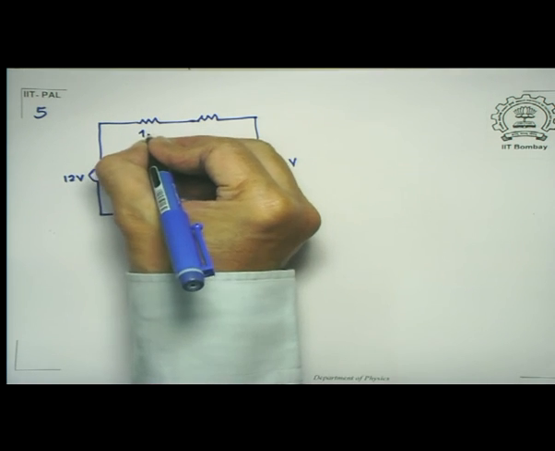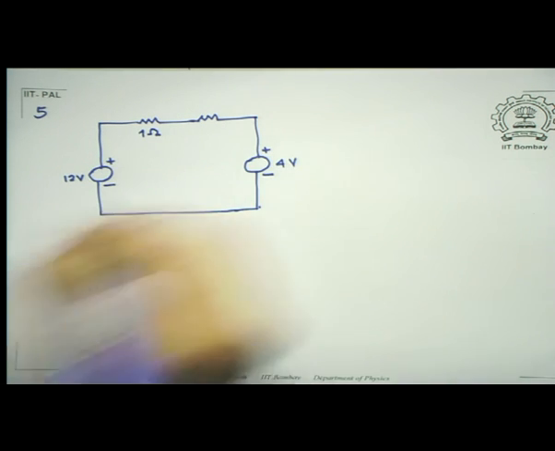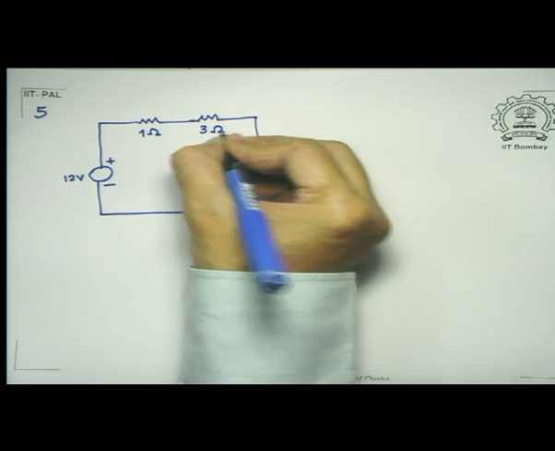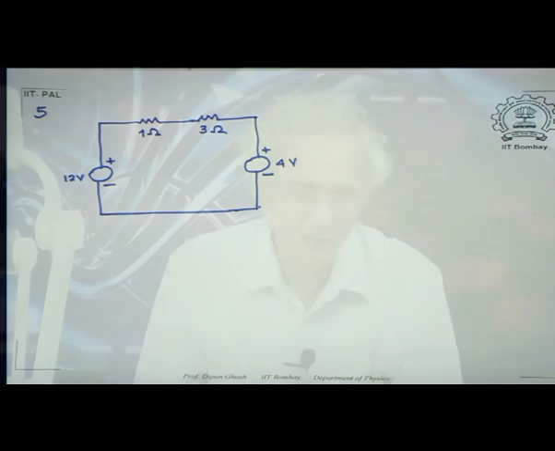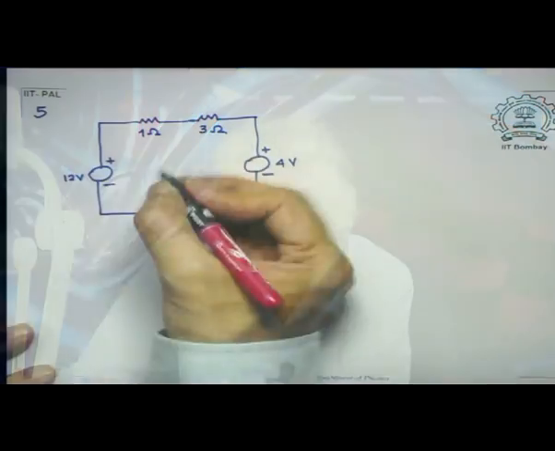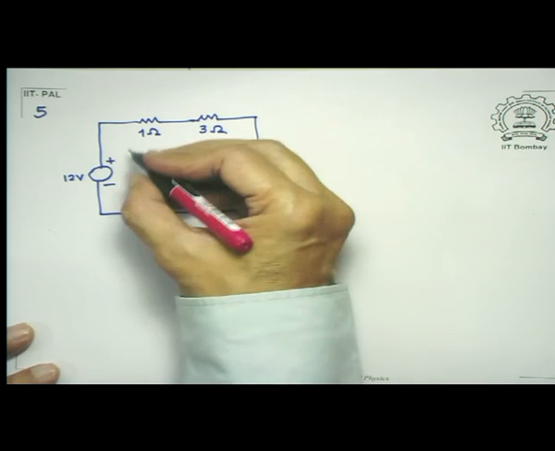This is a 1 ohm resistance, this is a 3 ohm resistance. Now what do I do? See, the thing is this circuit doesn't have any junction rule. It's the simplest circuit you can think of. And so therefore, you assume there is no junction, so only the voltage rule is there.